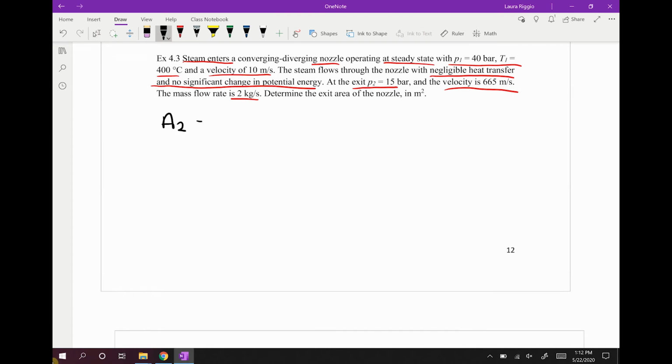The area of our exit is equal to our mass flow rate times the specific volume at the exit divided by the velocity. We don't know the specific volume, and all we know about state 2 is the pressure, so we need another intensive property in order to fix our state. So we're going to do an energy balance.